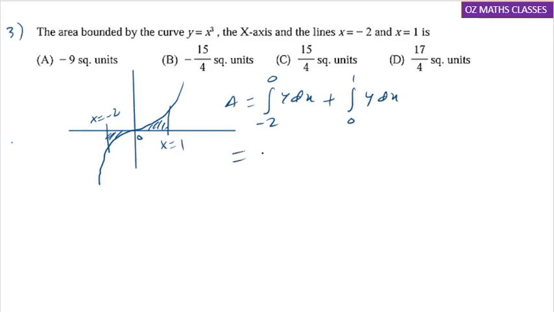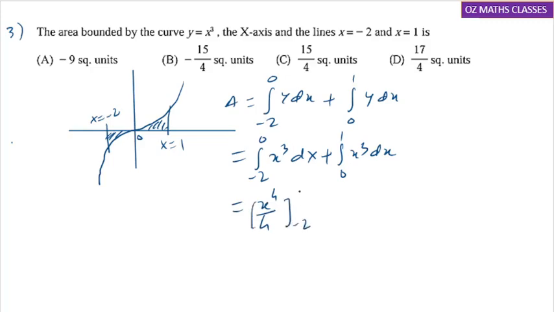Put the value of y, which is x cube: minus 2 to 0 of x cube dx, plus 0 to 1 of x cube dx. And what is the integration of x cube? It is x power 4 by 4.